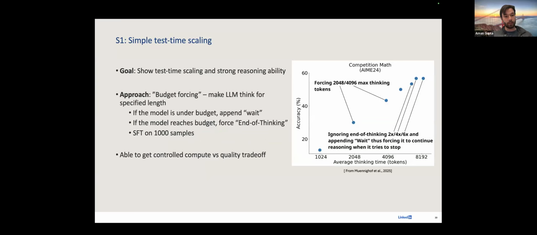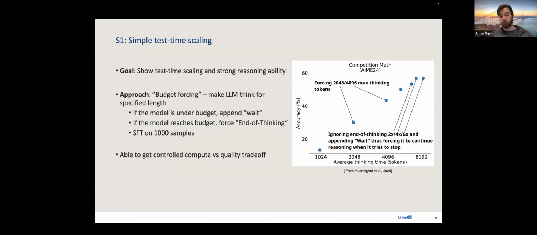The S1 paper takes a simple methodology to show test time scaling in chain of thought reasoning. What they do is start with an instruction following, but not chain of thought reasoning, model. And by carefully selecting some examples of chain of thought reasoning traces, they can enable chain of thought reasoning within their model. Once they have a chain of thought reasoning model, for our purposes, the interesting part is that by simply appending "Wait" at the end of the model output, they can make the model continue to reason longer.